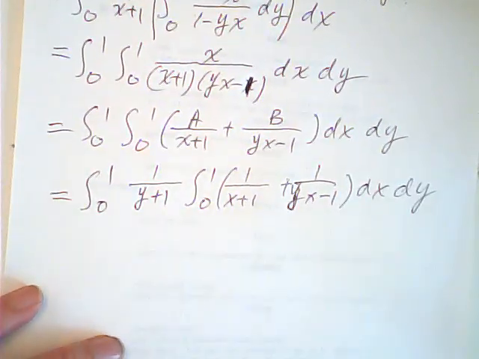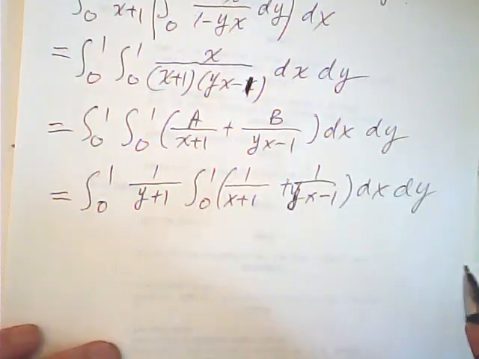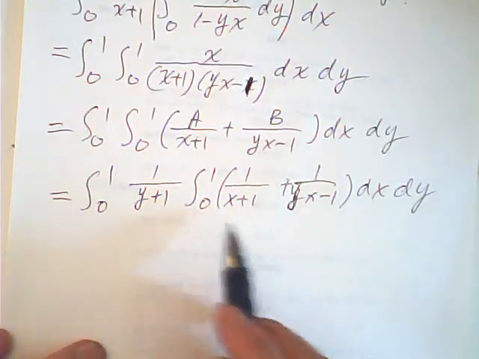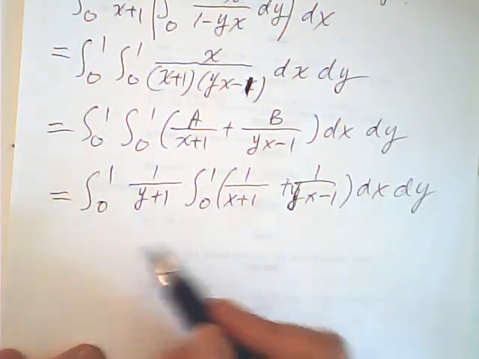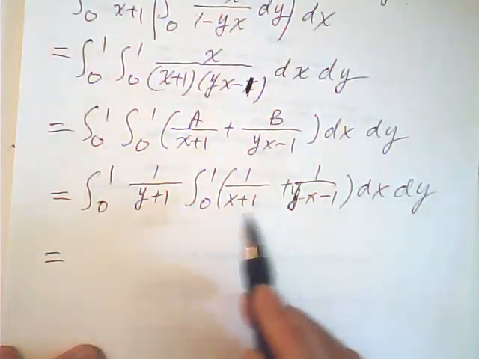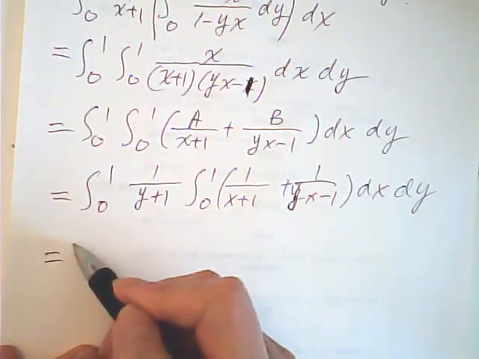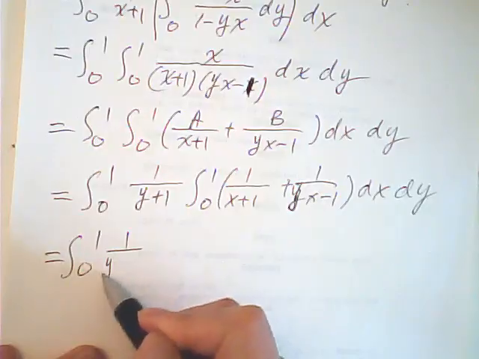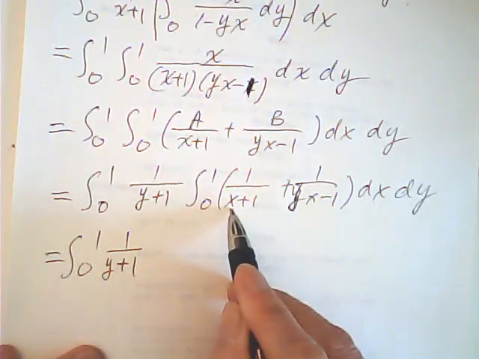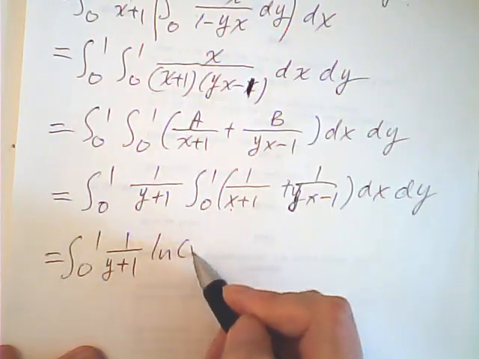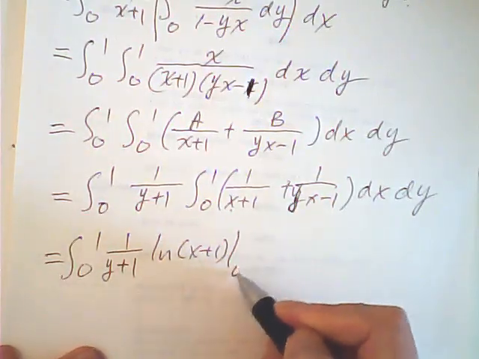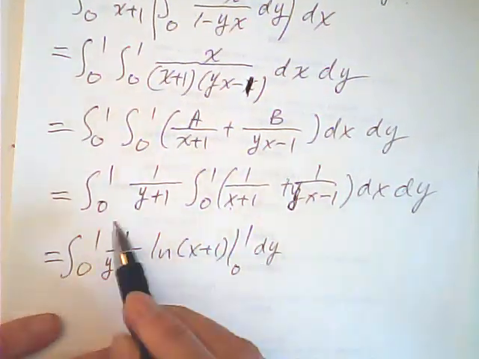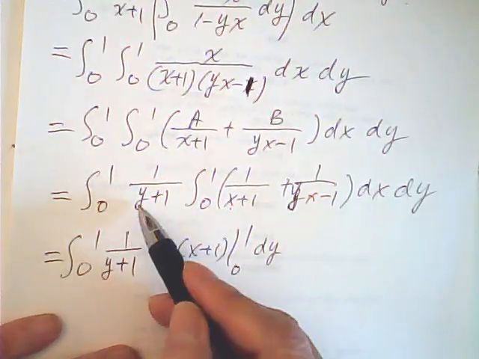I don't want to make a mistake here. There are two integrals. One is from 0 to 1 of 1 over y times the integral, which is log of x plus 1, x from 0 to 1, then dy.